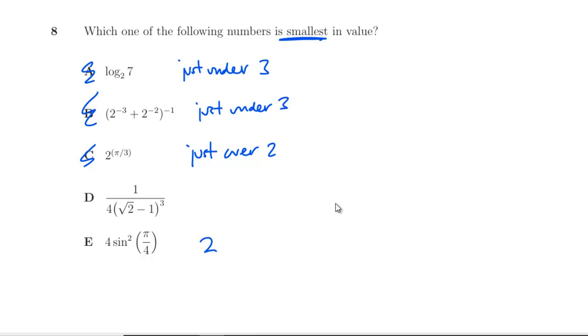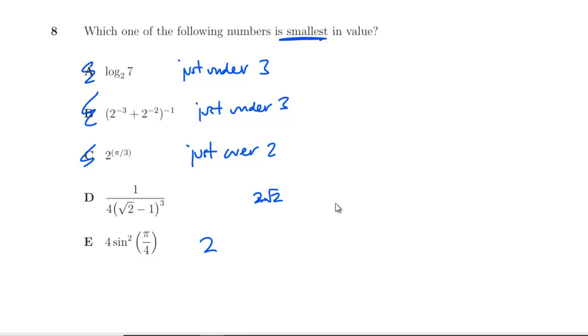So I've got a 2 root 2. If I cube all of, oh, I don't know. Well, actually, root 2 minus 1, round about 0.4. And then cube that, and then multiply that by 4.